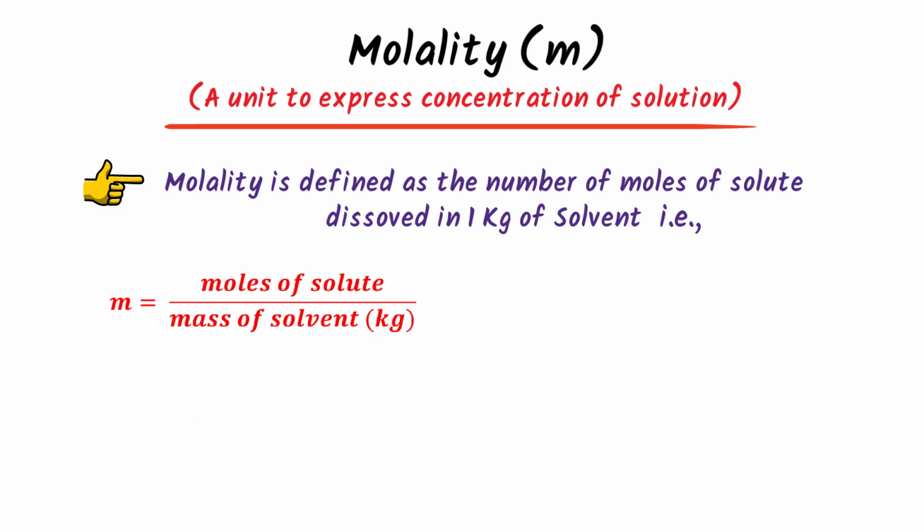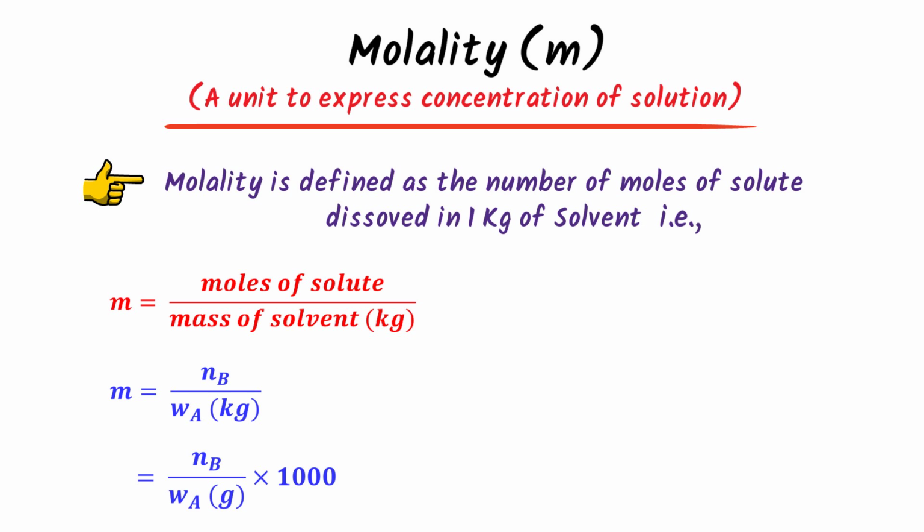So we can write it in this way also. Nb is the moles of solute divided by Wa, that is the mass or weight of solvent in kilograms. Now, taking the mass or weight of solvent in grams, we need to multiply the expression by 1000. So we have molality equal to this.